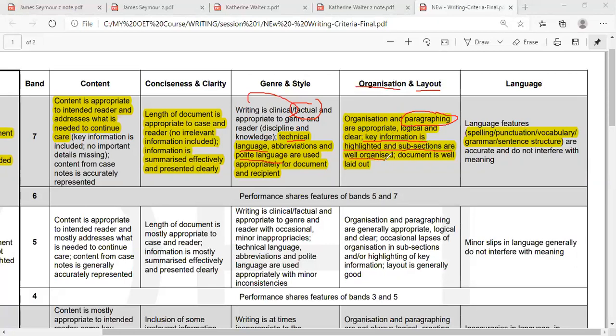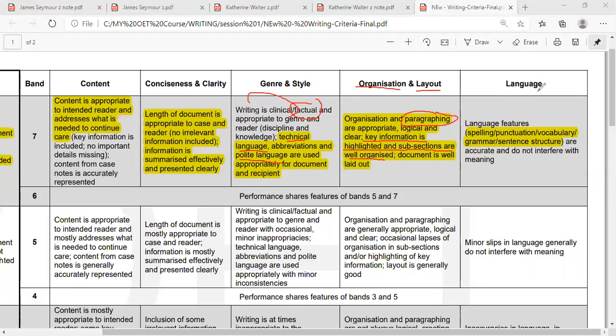So the key information must be highlighted and subsections must be well organized. I mean by this, important information the reader needs to know to continue his care of the patient needs to be written in the first place.